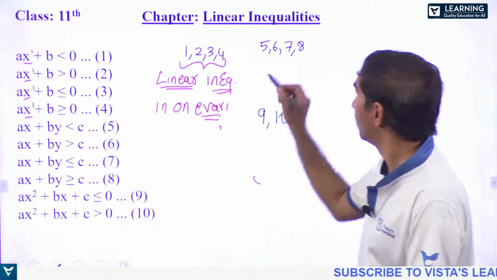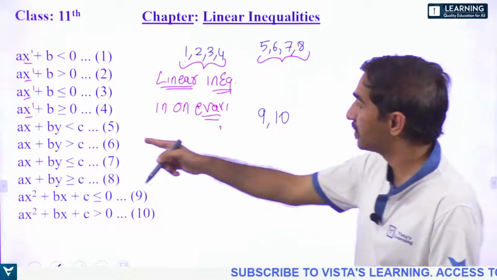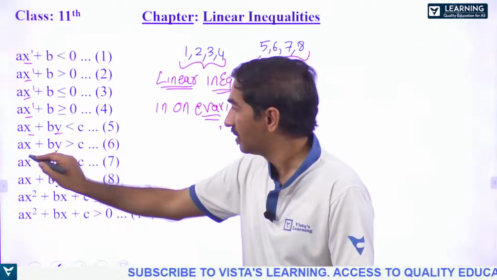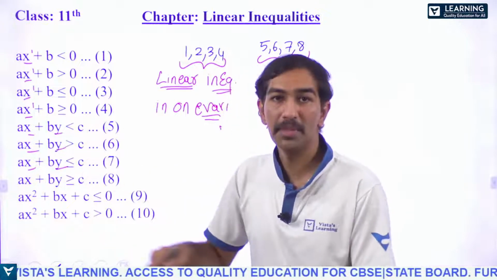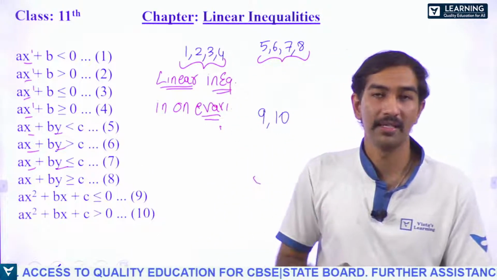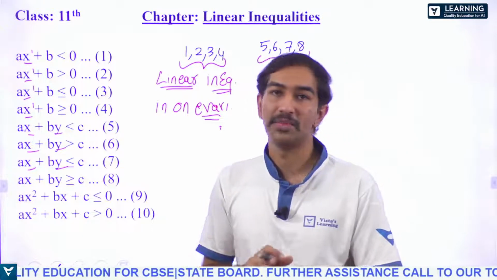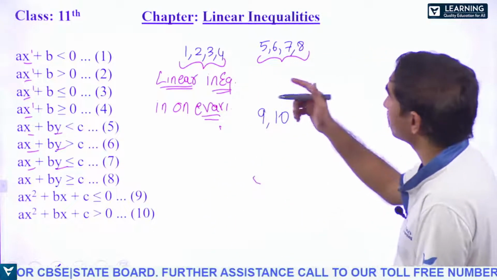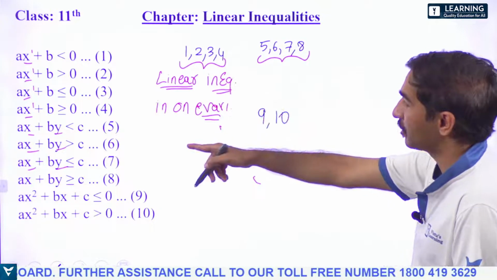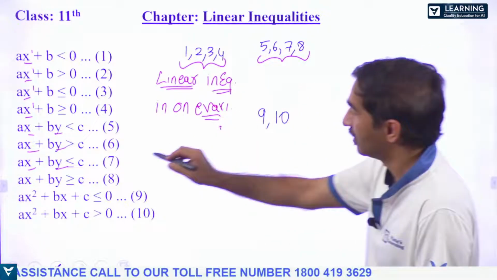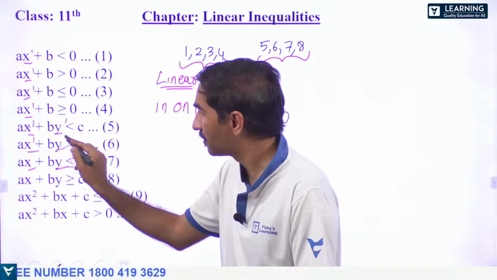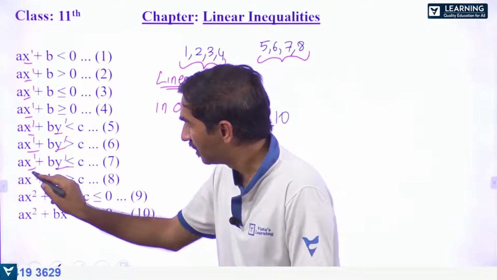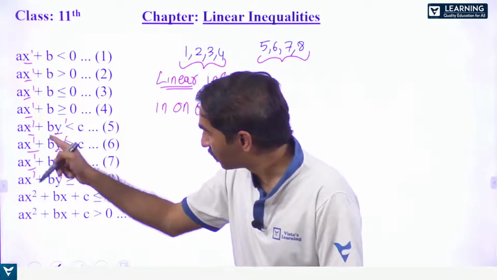Moving on further, 5, 6, 7, 8 is called what? Now observe 5, 6, 7, 8: x and y. Then what are a, b, c? a, b, c are constants, students. What are constants again? Constants are nothing but numbers. Now what is the highest power here? Power of x is 1, power of y is 1, in each of 5, 6, 7, 8.